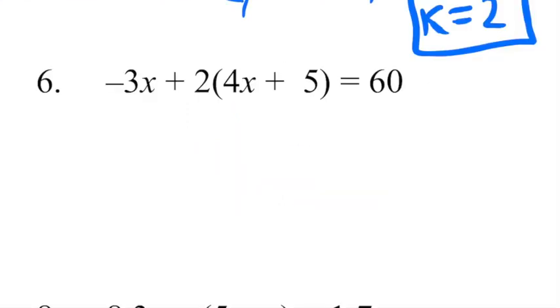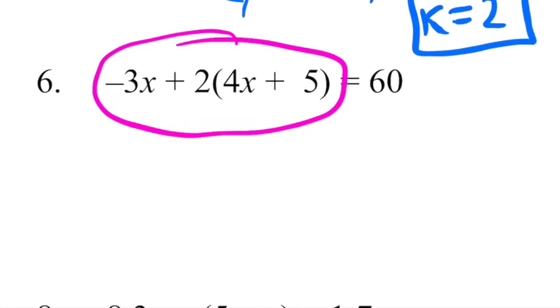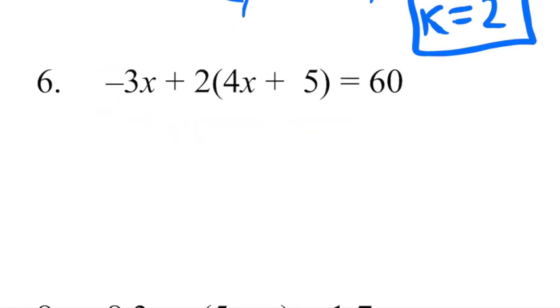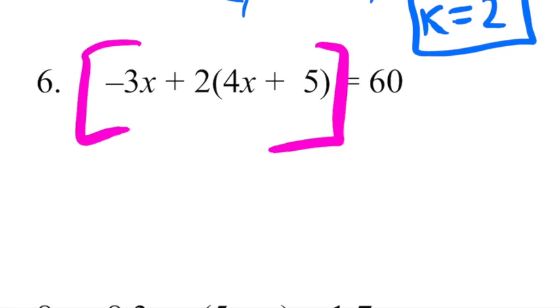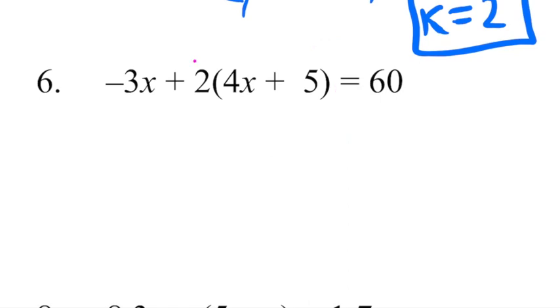All right, on to number 6. Number 6 is a little messy. Again, the left side has a lot of work that can be done. We're going to start off by following the order of operations on this left side alone, which would say that I should do the distribution of distributing 2 to 4x plus 5. So I'm going to rewrite this negative 3x.